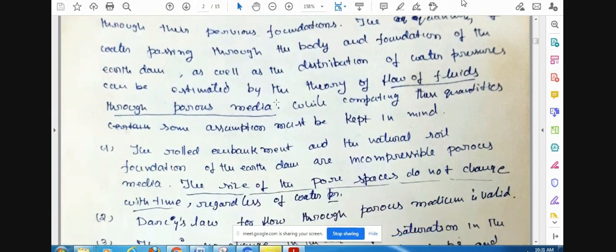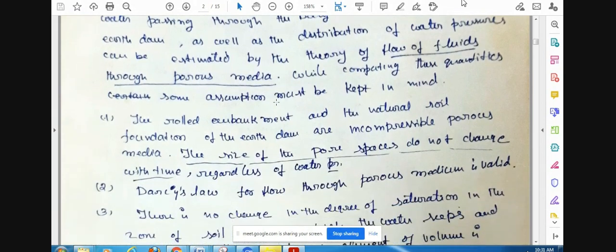The first assumption here is that the rolled embankment and natural soil foundation of the dam are incompressible porous media, okay. What does it mean? That the size of the pore space does not change with time, regardless of the water pressure. That is the first assumption. As I said, the size of the pore remains unchanged.